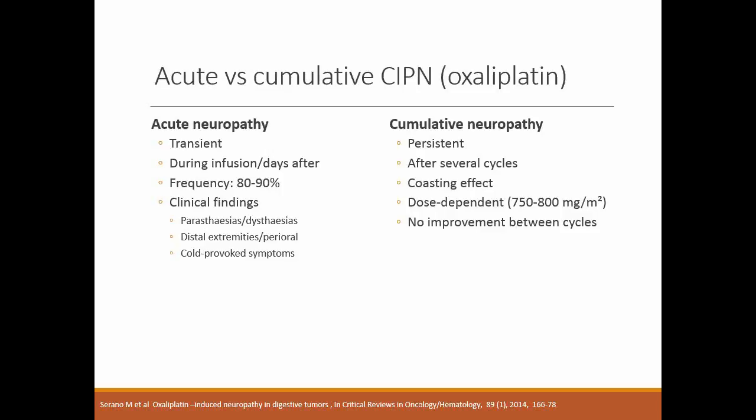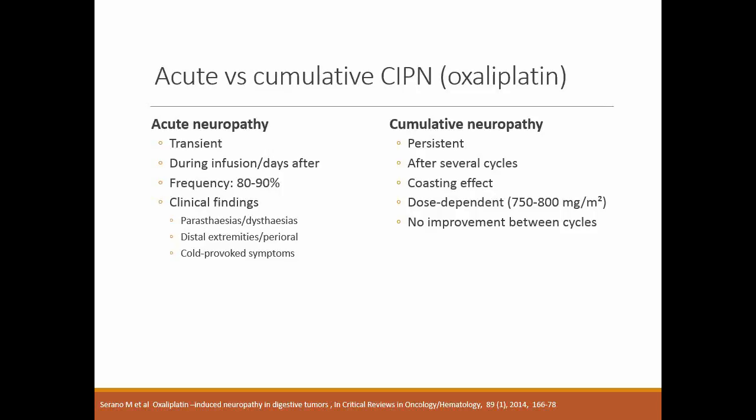There's also a coasting effect, and this refers to the progression of symptoms several weeks or months after the chemotherapy cycles have stopped. And for this, the most recent research shows between 750 and 800 milligrams per metre squared as a cumulative dose. And that's what we're working on for our study.